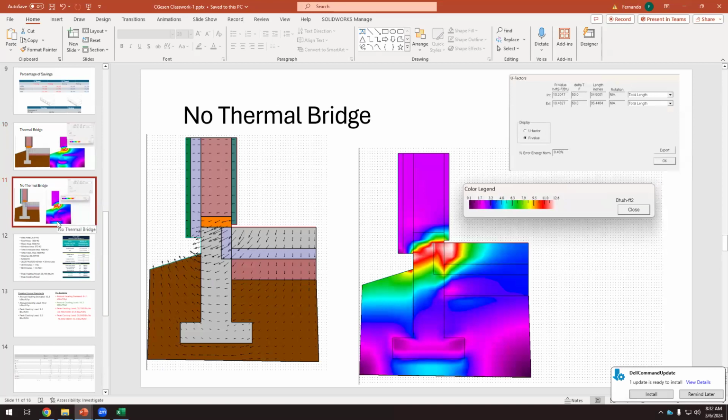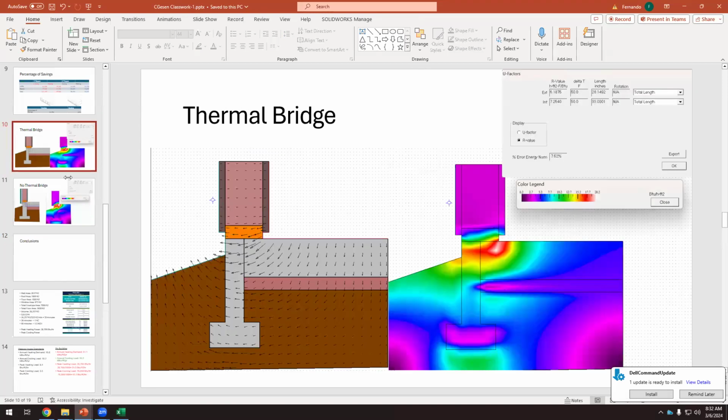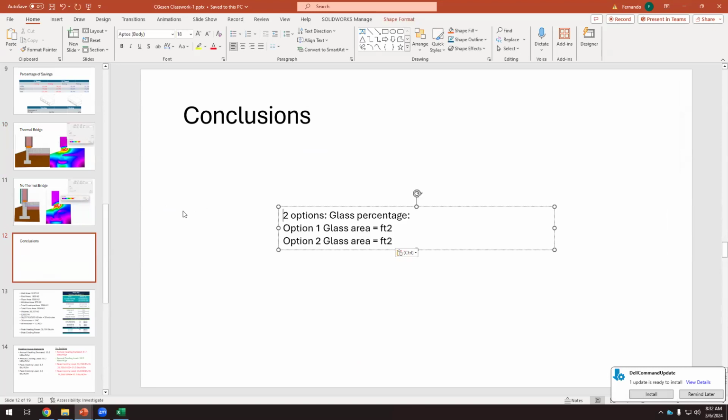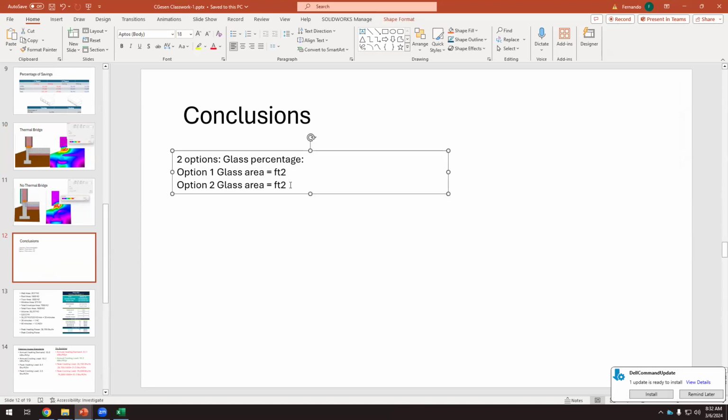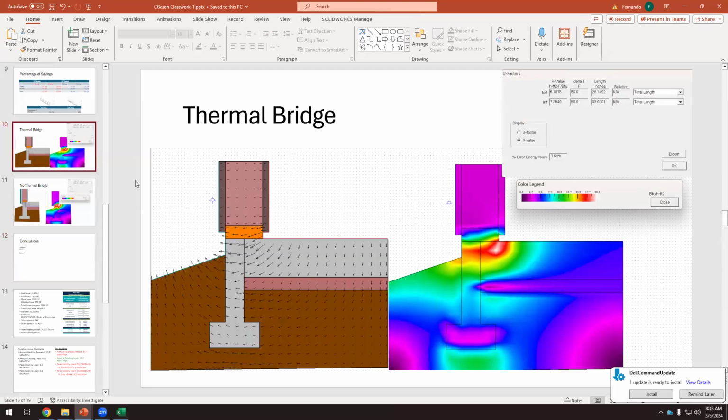So I have option 1 and option 2. Well, first, what have I done? In option 1, what is the value that we are looking at?